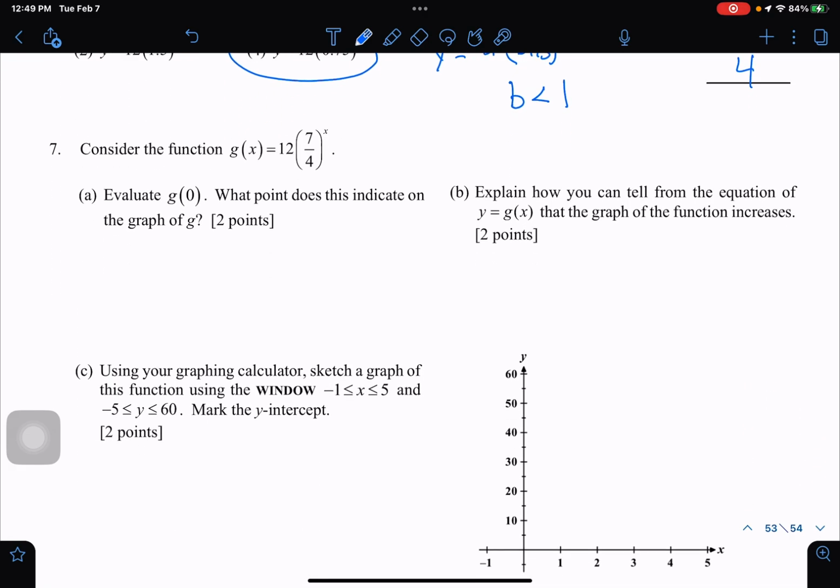And the last one, you're going to be asked tomorrow to graph an exponential equation. Right? So remember, this 12 is the y-intercept. Right? And this number here, 7/4, is greater than 1, so this is increasing.